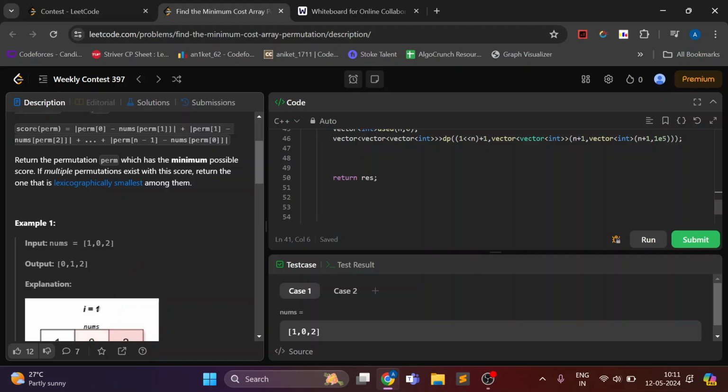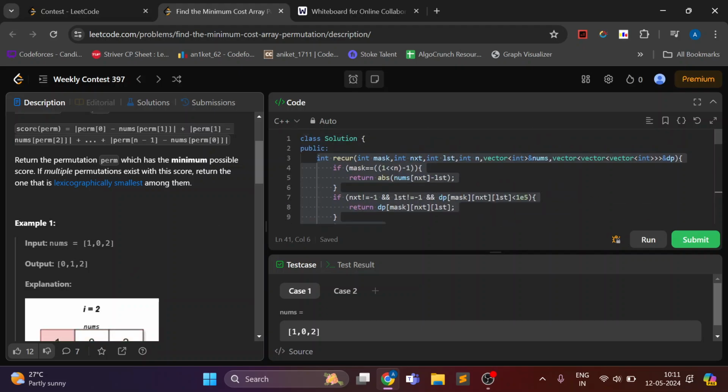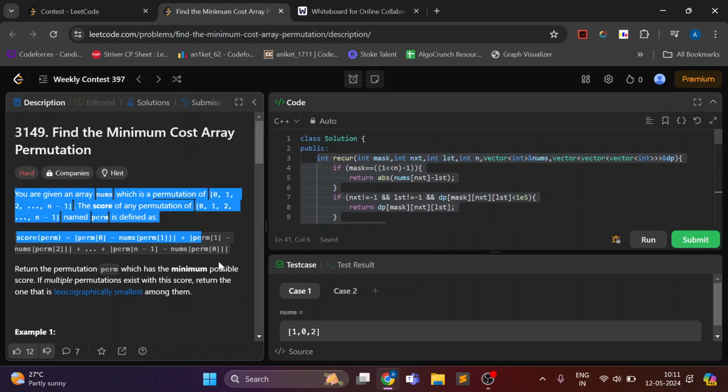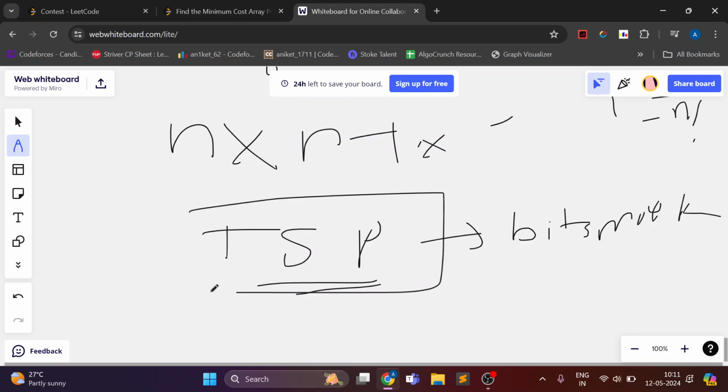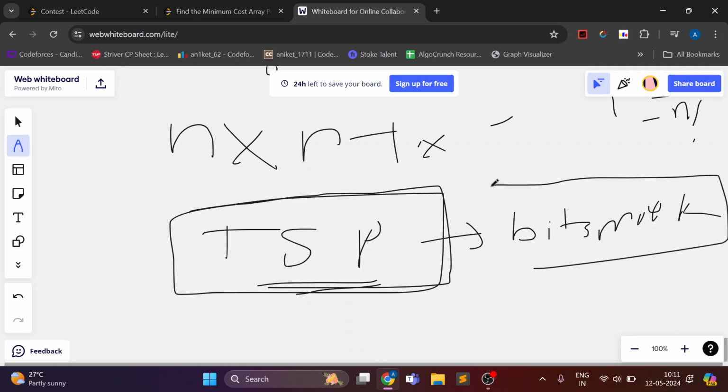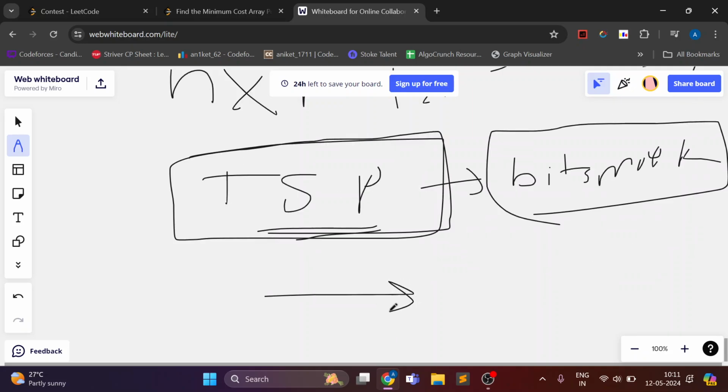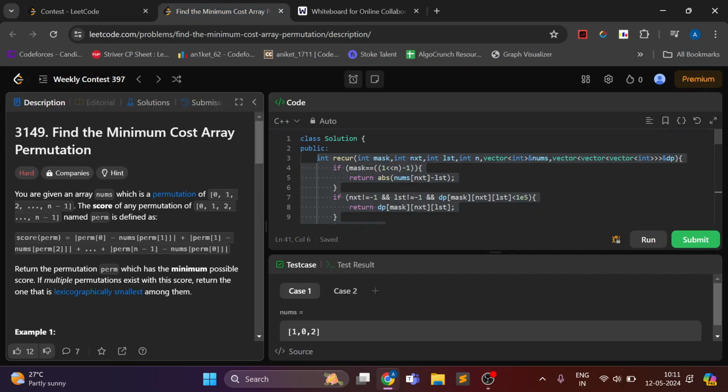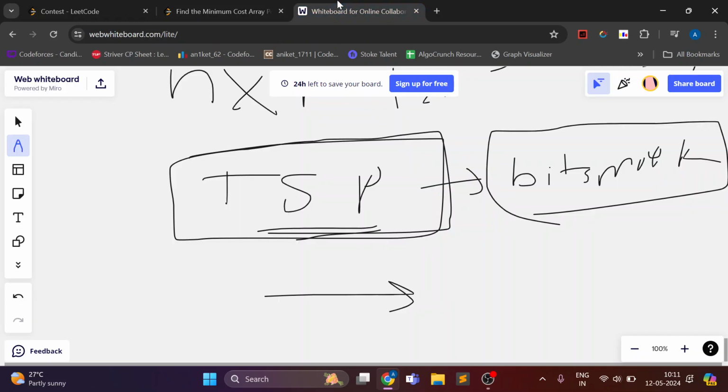If you want to solve this question, I would suggest you understand the TSP problem. We use bit masking when the order of elements is important, as in a permutation, because whatever operations we are doing here, the order is important. Similarly in TSP also order is important.